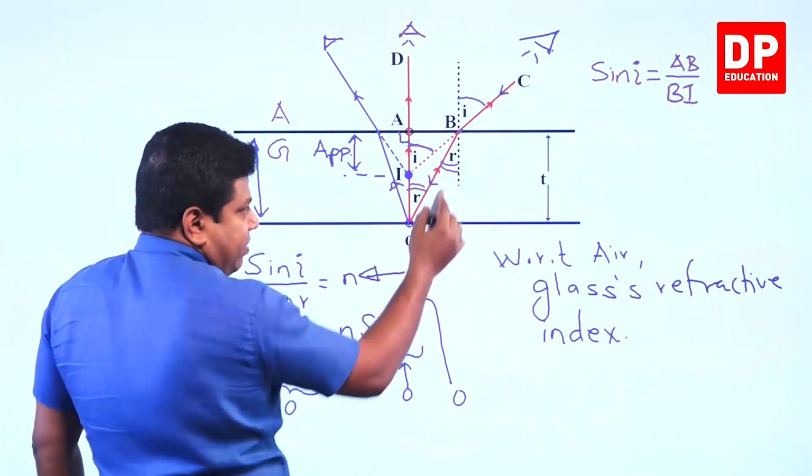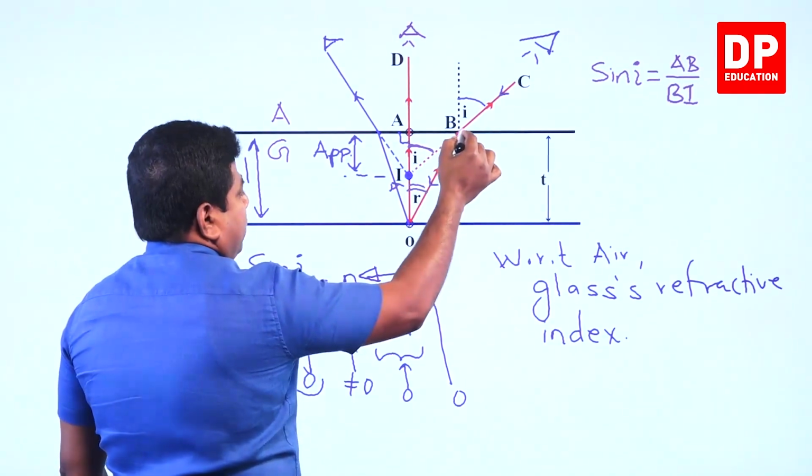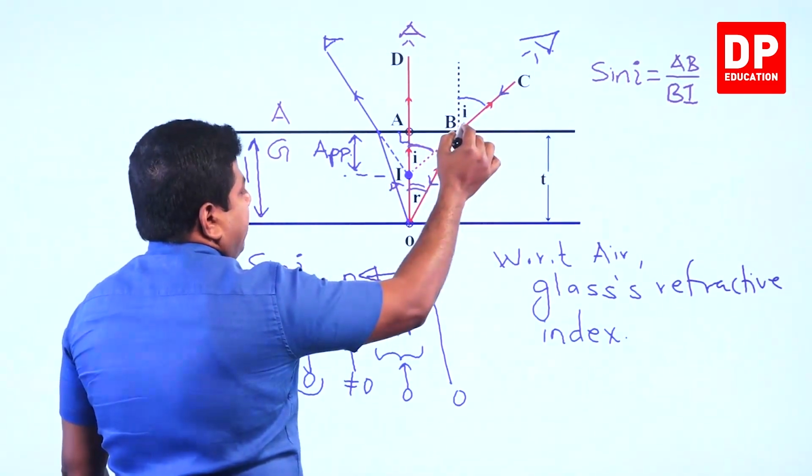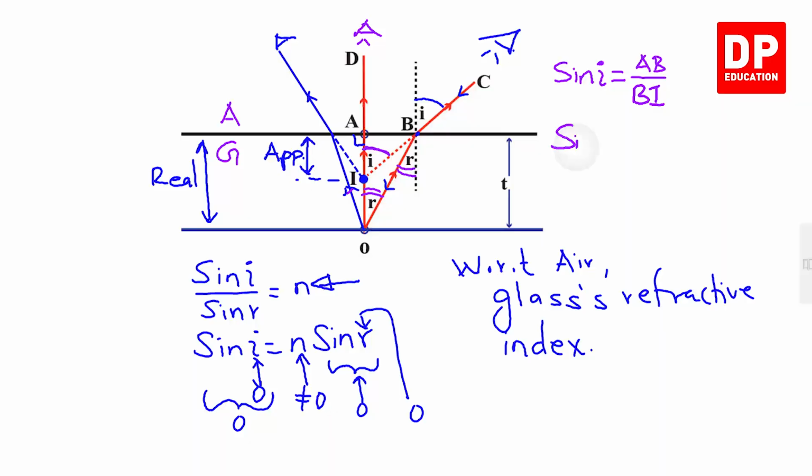Similarly, sin R, if this is R, this is R. So in this triangle, sin R has to be again opposite over hypotenuse. Opposite is AB, hypotenuse is BO. n equals sin I divided by sin R. Careful.